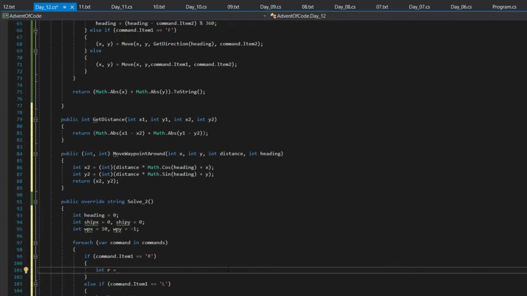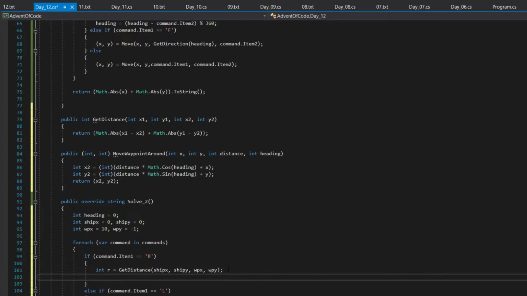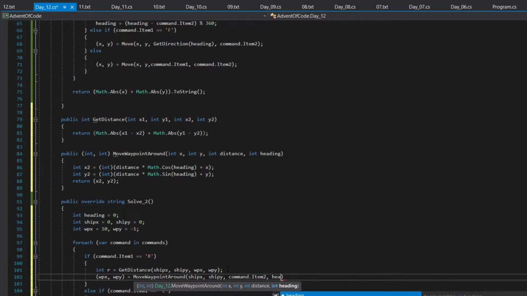We're going to get our radius by saying get distance between the ship X, ship Y, and the waypoint X, waypoint Y. That's going to give our distance, and then we're going to say waypoint X and waypoint Y is going to move waypoint around the ship at a distance of command item 2 and a heading of heading.